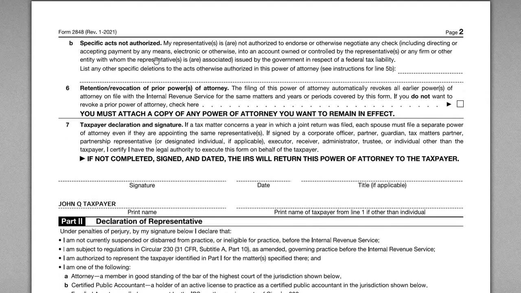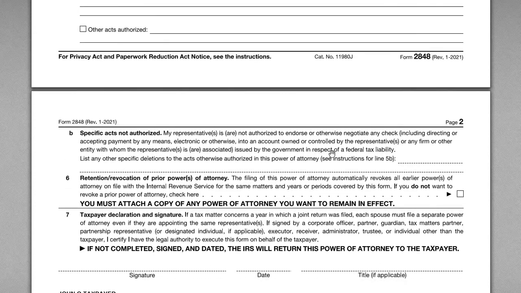Let's look. Okay, so the very top one here, specific acts that are not authorized. So line 5B can be completed if you want to remove something that the representative would have the authority to do just under this general POA.